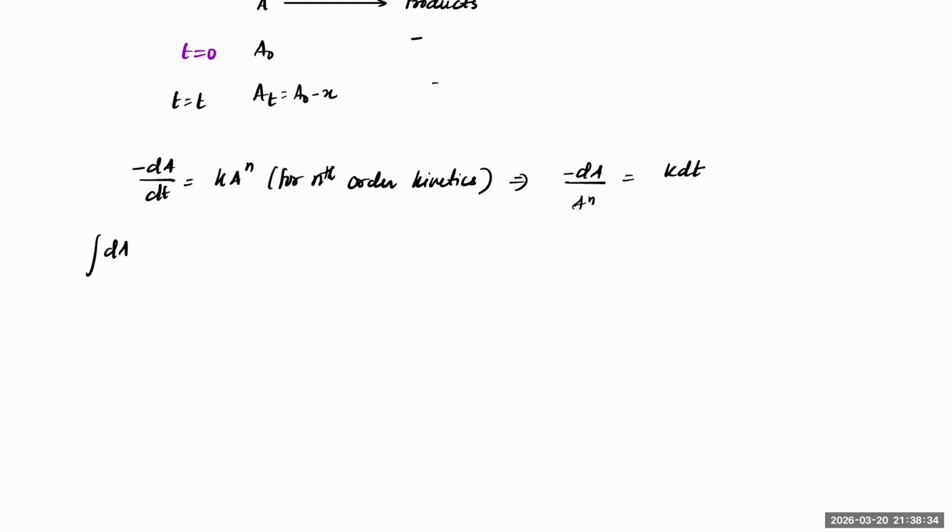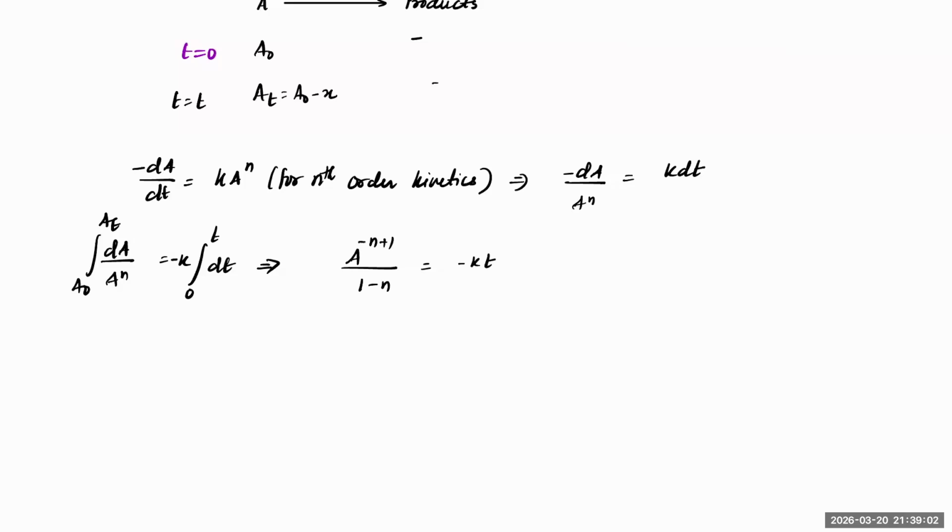So integral dA by A raised to power of n from A naught to AT must be equal to k into integral of 0 to t dt. Okay. So now I can write this as A raised to power of (minus n plus 1) by (1 minus n) is equal to minus kt.